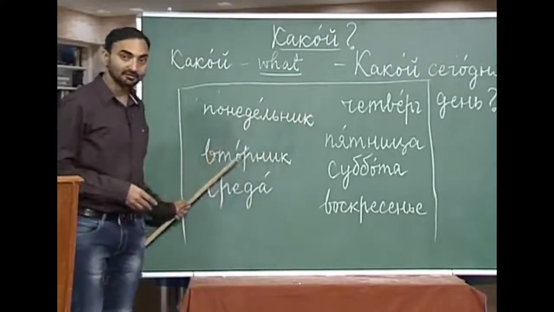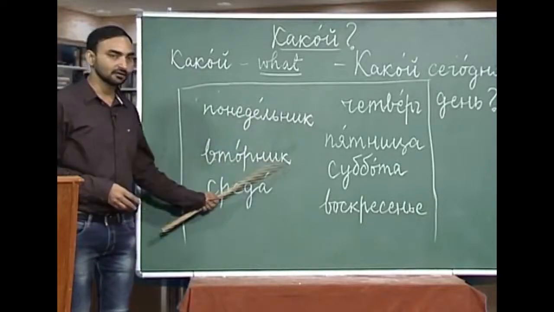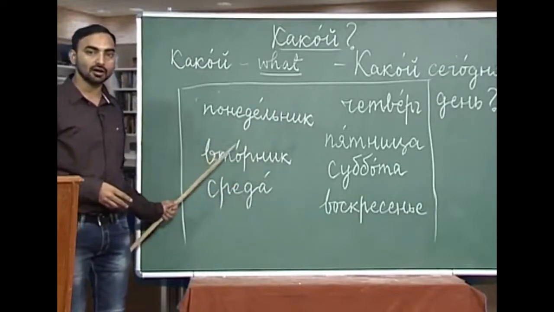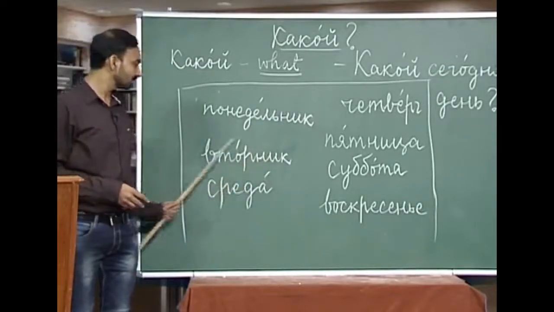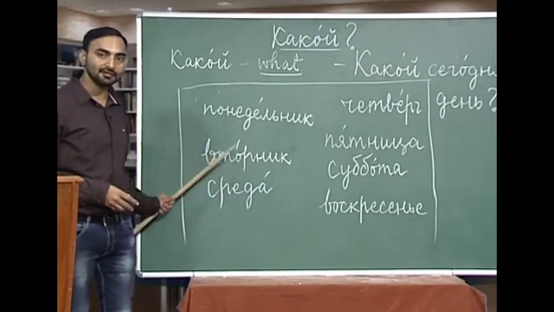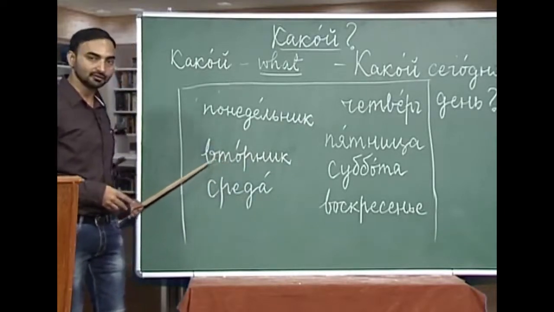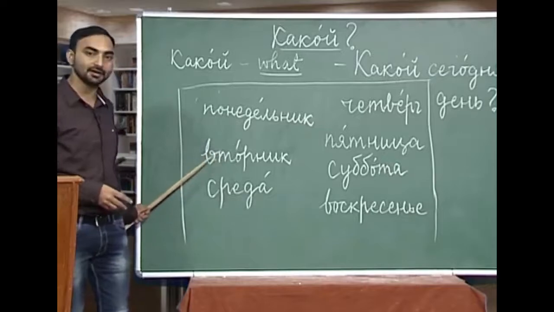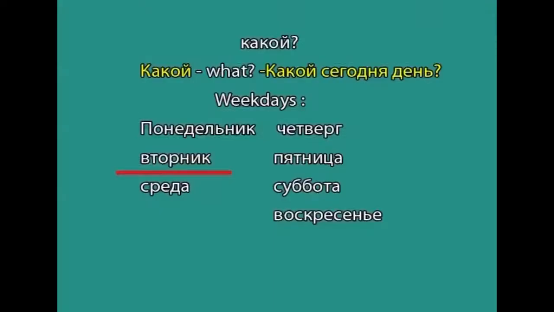The second day, vtornik, V, T, O, R, N, I, K, and as you can see here, there is again voiced and voiceless consonant coming together, V and T, that is why V is pronounced as F. Vtornik is Tuesday. Wednesday is S, R, ye, D, A, sreda, sreda is Wednesday.